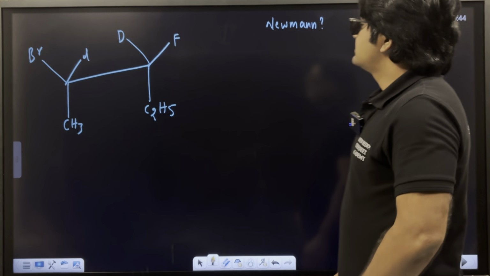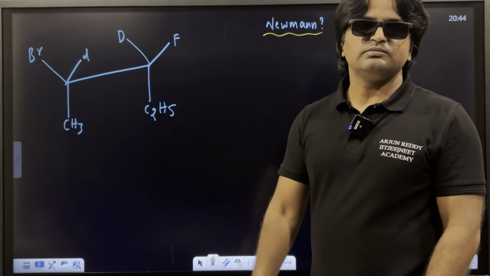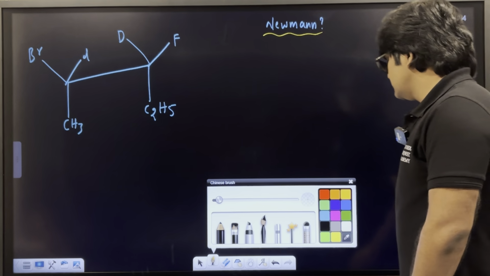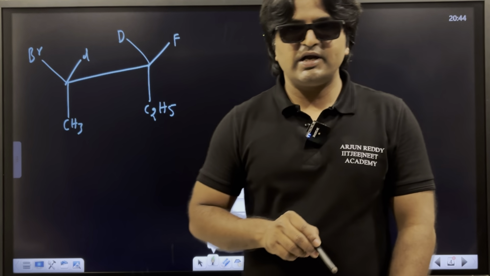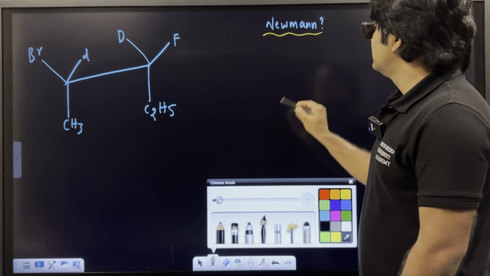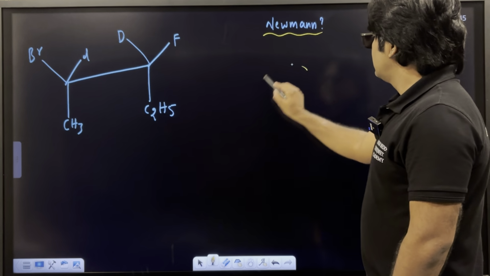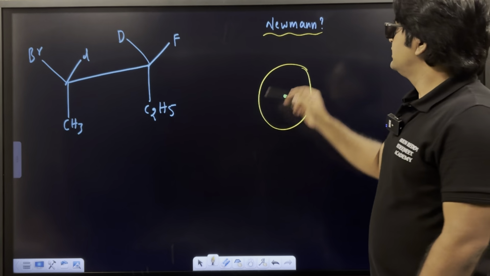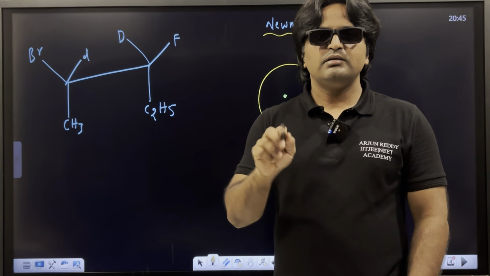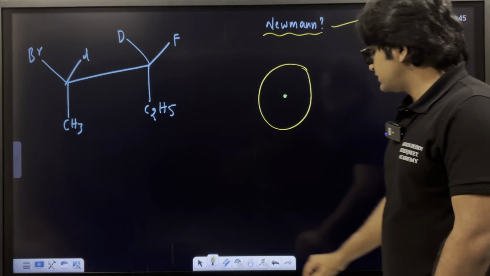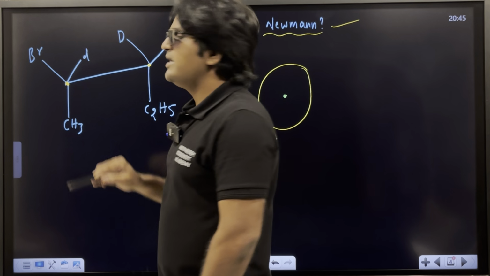Here Sawhorse is given. How to convert Sawhorse into Newman? In case of Newman projection, how do we represent carbon atoms? By dot and circle. This is my front carbon atom. Next, this is my back carbon atom. In case of Newman, the front carbon atom is represented by a dot, the back carbon atom is represented by a circle.